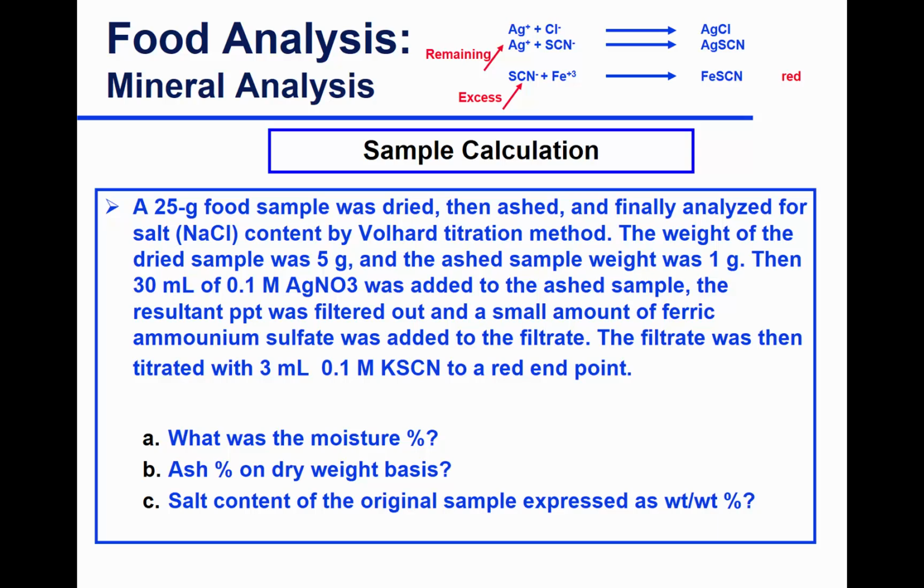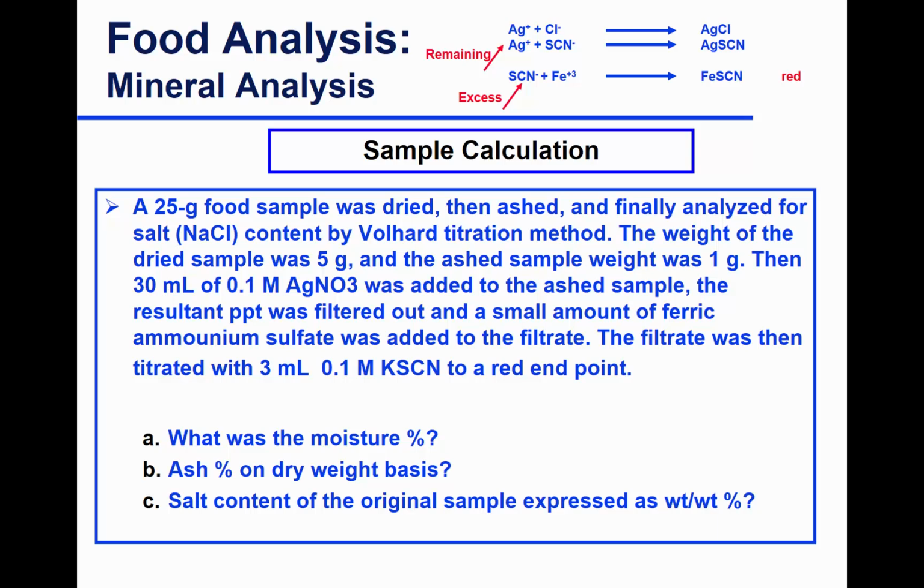So the difference should equal the moles of Cl. This also equals the moles of NaCl, and we use the equation mass equals moles times molecular weight to get the mass of NaCl.